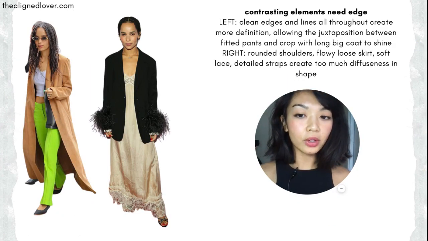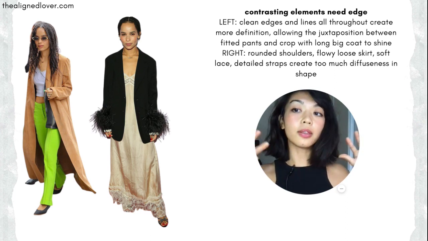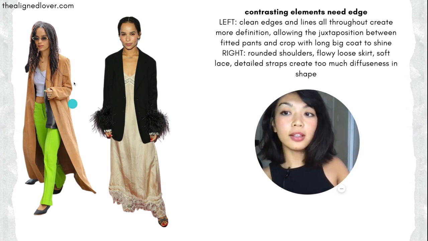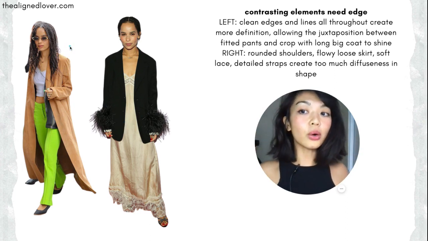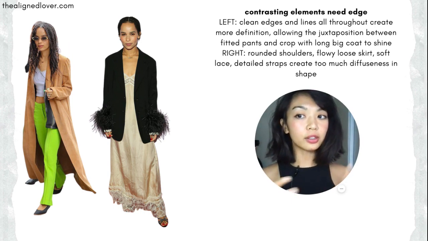All right, so one of the first aspects of her style that we're going to look into is this use of contrasting elements and how they need a bit of an edge to work the best. So on the left side, we have a long, slightly oversized coat, but underneath, her inner layers are rather fitted.